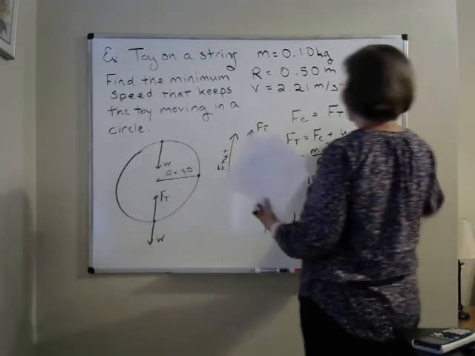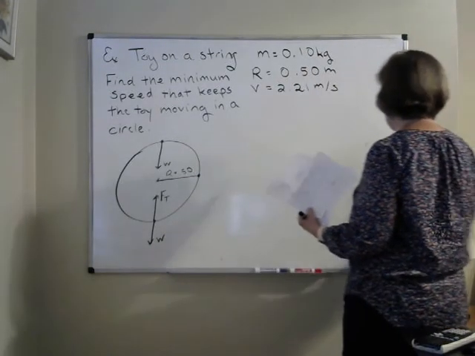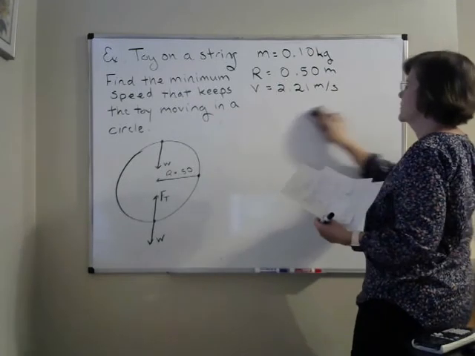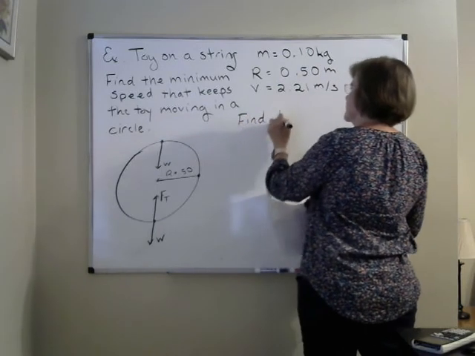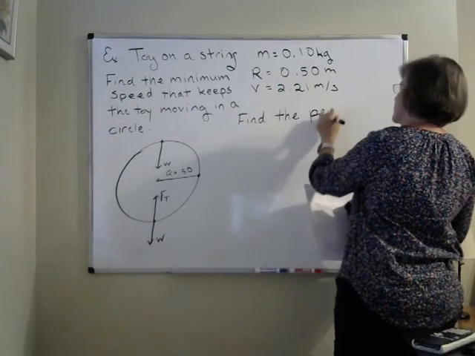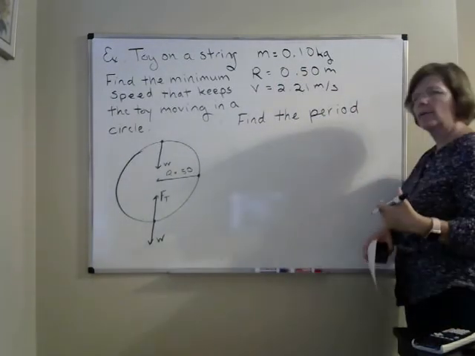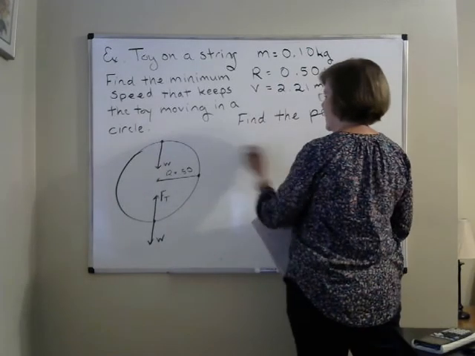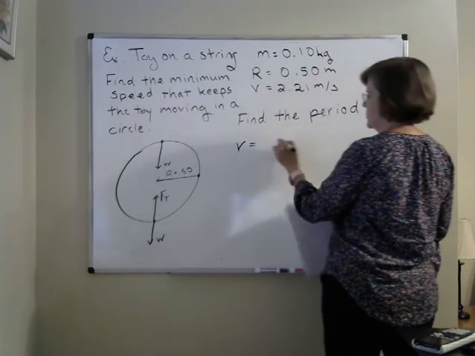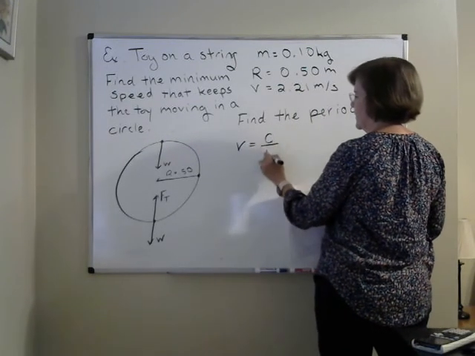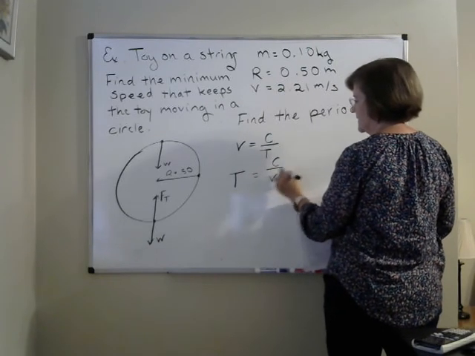All right, let's do one more thing with this same problem. Can we find the period if we're going 2.21 meters per second? What's the period? Well, remember the relationship. The period is the time for one complete revolution. There's a couple of approaches, but one is simply to use the fact that the speed is equal to the circumference over the period, which means that the period is equal to the circumference divided by the speed.